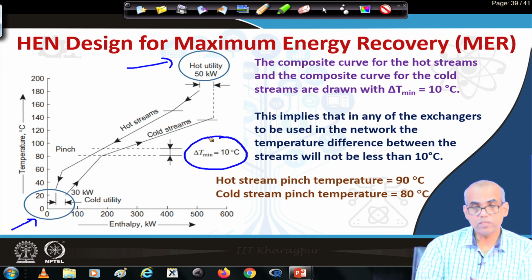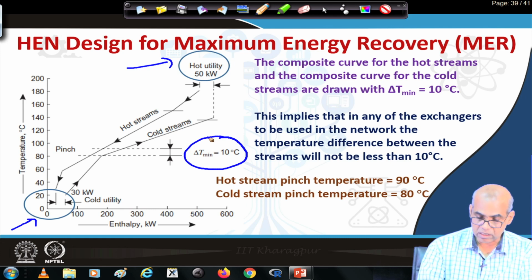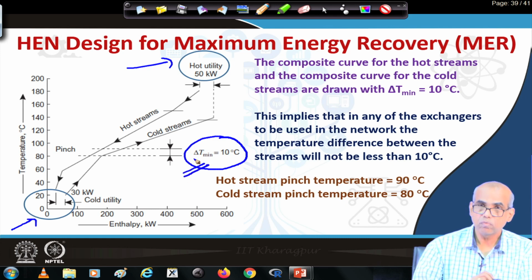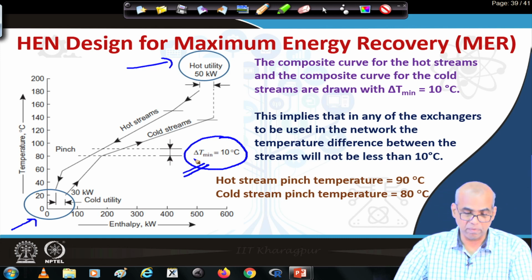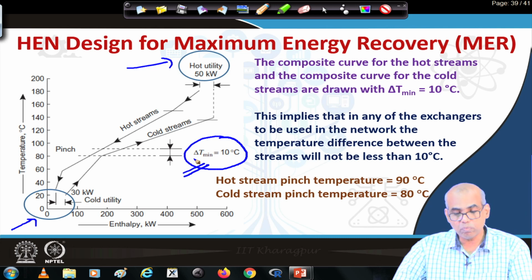So, this statement is very important. These values of hot utility target and cold utility target are valid for the given value of minimum temperature difference delta T minimum. So, at this relative position of these two composite curves, the vertical distance between these two curves is delta T minimum equal to 10 degree Celsius.